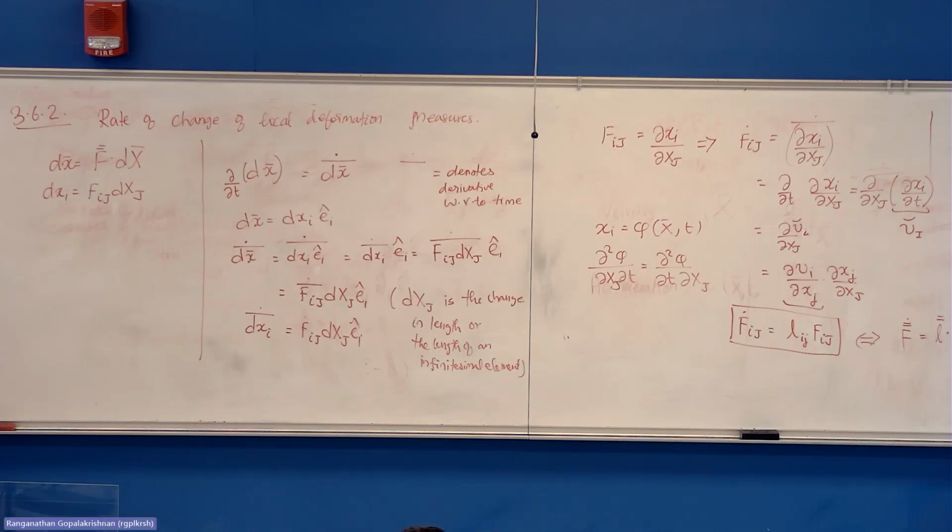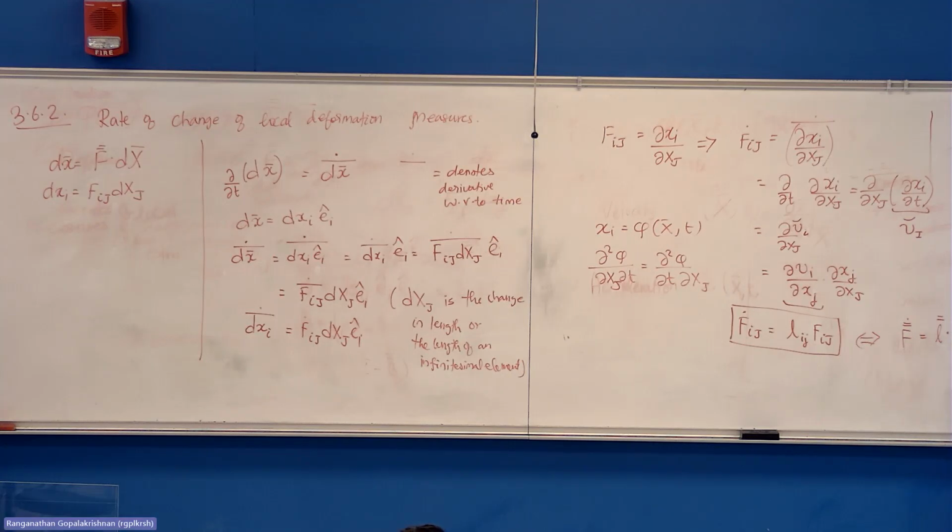As I go further, I hope you will appreciate how important F and L are, because if you know the two of them, you can work out any other measure of deformation or deformation rate using the subsequent formulas.